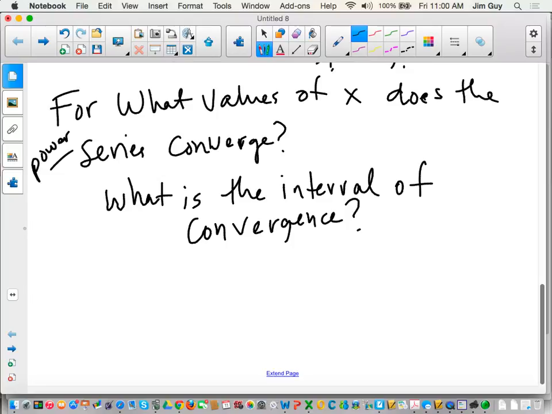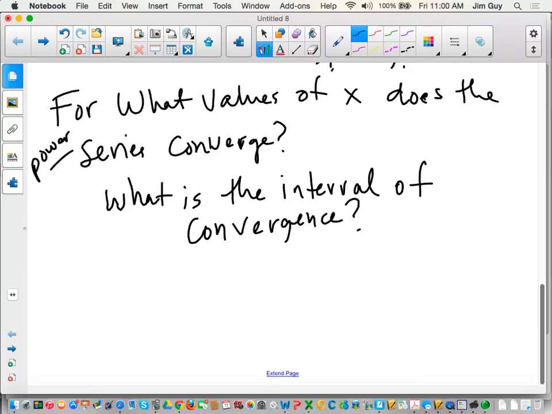Okay, so when we say for what values, we mean, when you give us an answer, let's get this answer in terms of an interval. If we're going to be making power series for any function, we want to know, if we're going to put a value in for x, I've got to know I'm going to get an answer. And the only way you're going to really get an answer when you add up an infinite number of numbers is if it's convergent, if it converges.